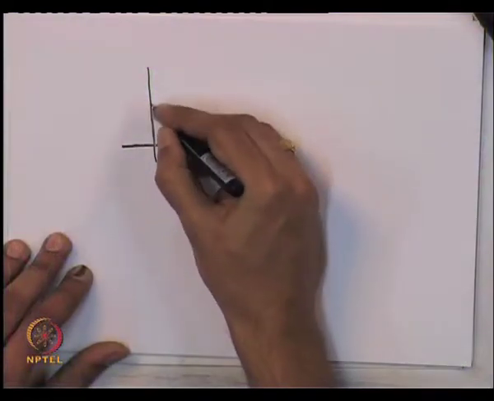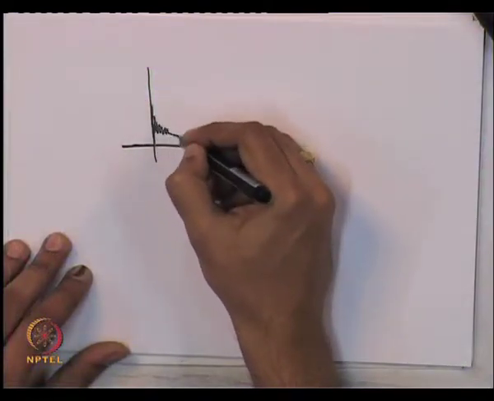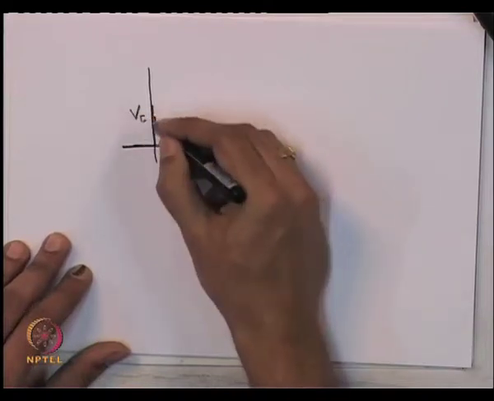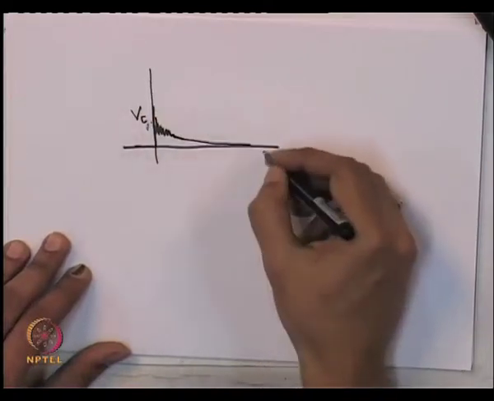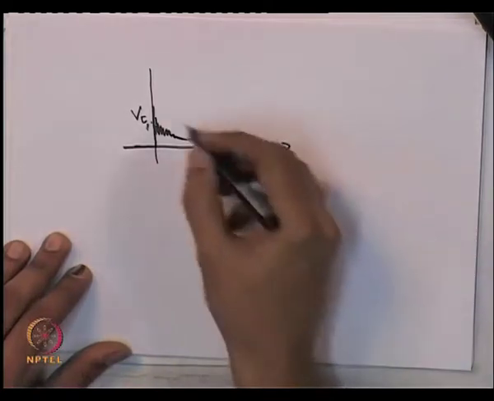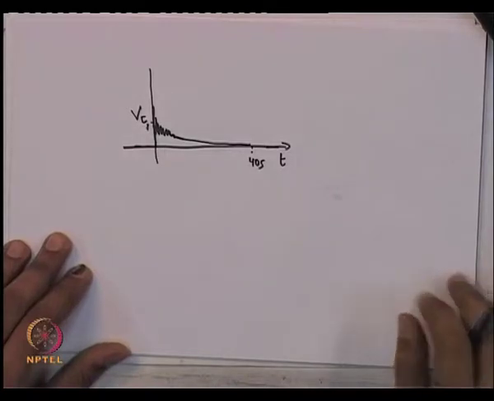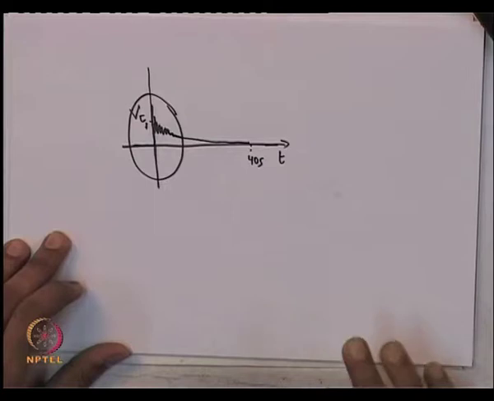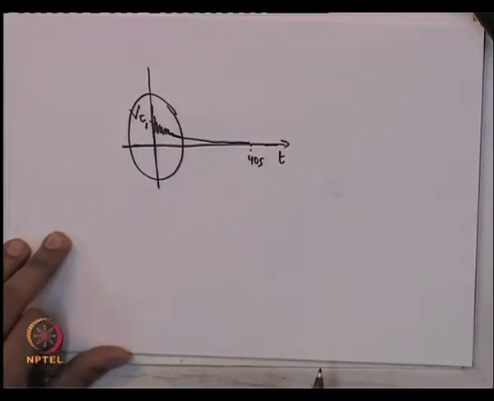For example, in this circuit, remember that Vc varies like this, around 1, and this is around 40 seconds. Now, if my aim is to study this fast transient here, there could be situations where you are interested in the fast transients.